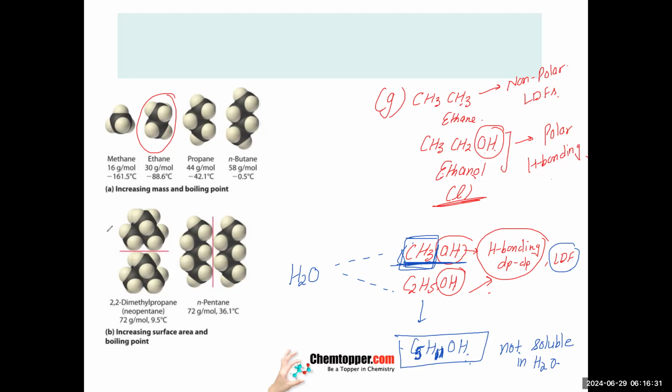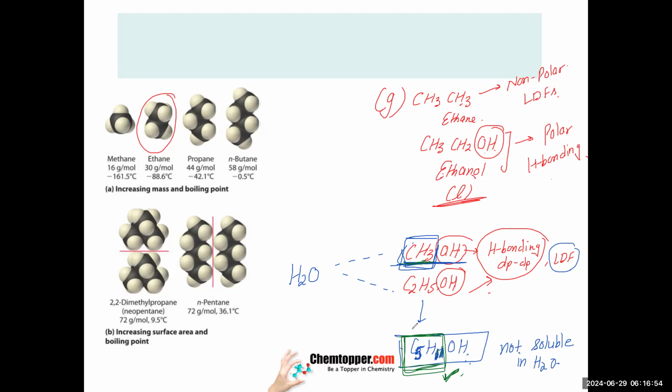Here, this London LDF non-polar part is big, very big. This is dominating. So in big molecules, if the non-polar part is bigger, then it starts dominating. You can see here there's only CH3, here it is C5H11.